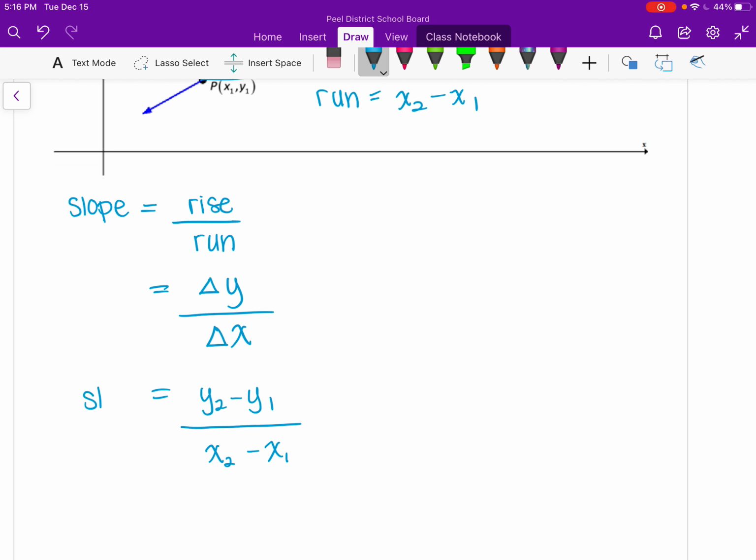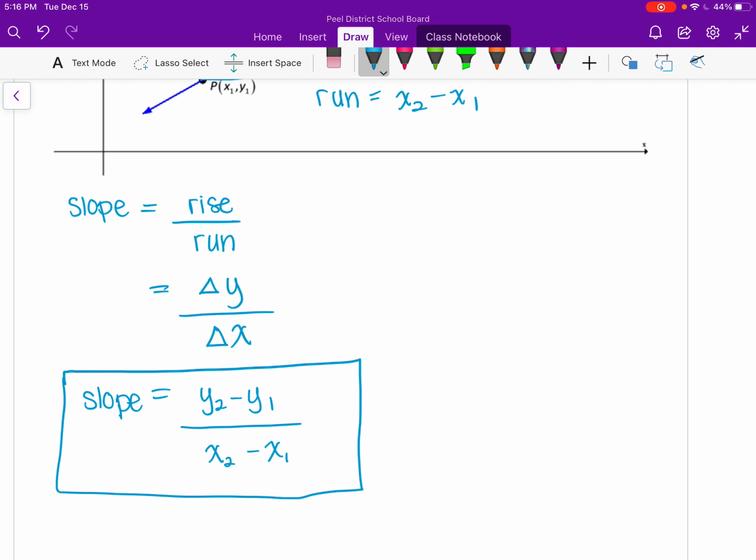I can say my slope formula is this, right? And then we use m to represent slope.